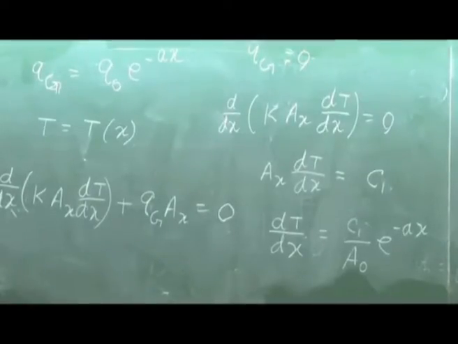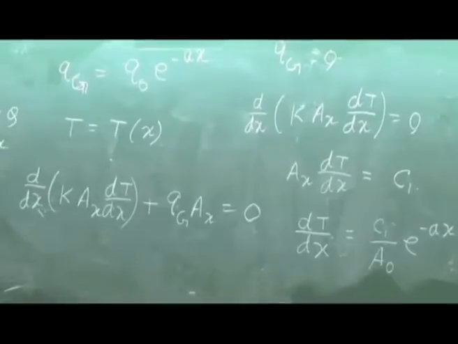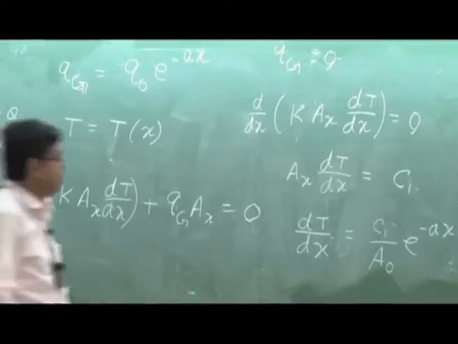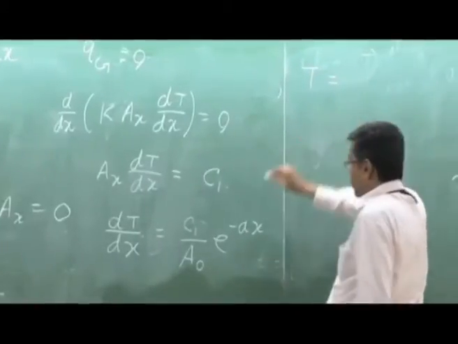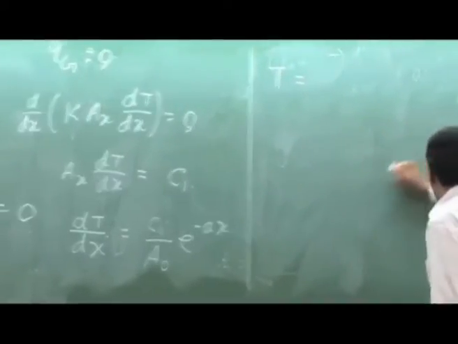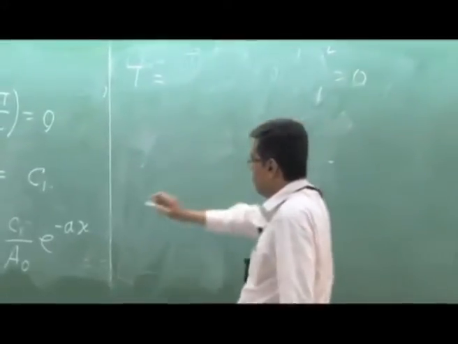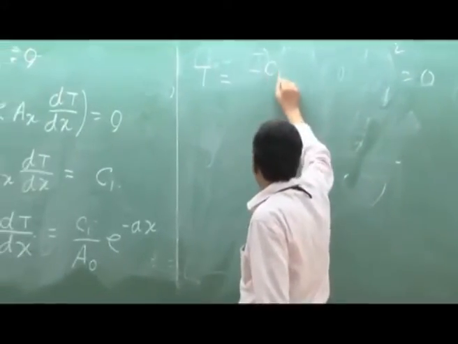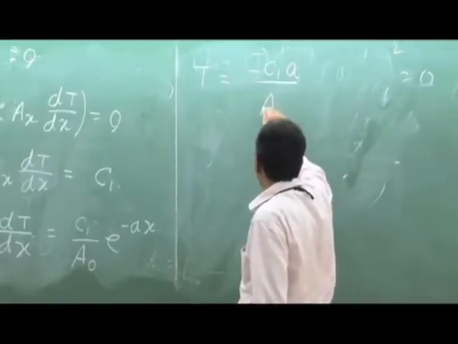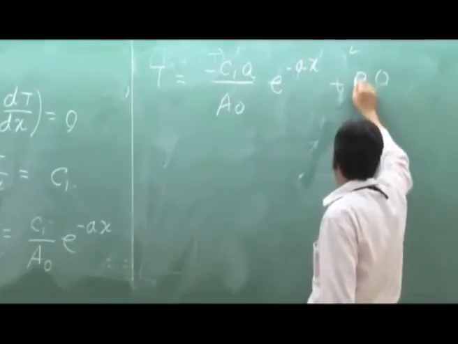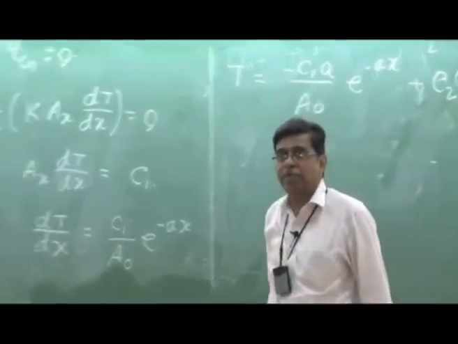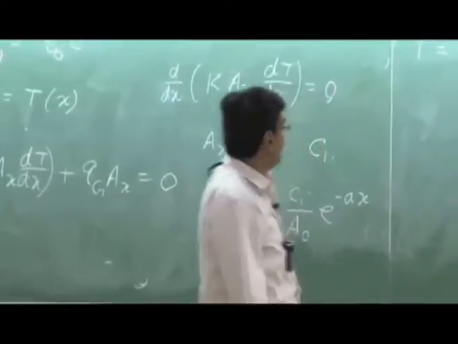Well, then you can integrate it. T is minus C1 by a A0 e to the power minus ax plus C2. Now you can find out both C1 and C2 provided you know the boundary conditions. This is a general expression for T.